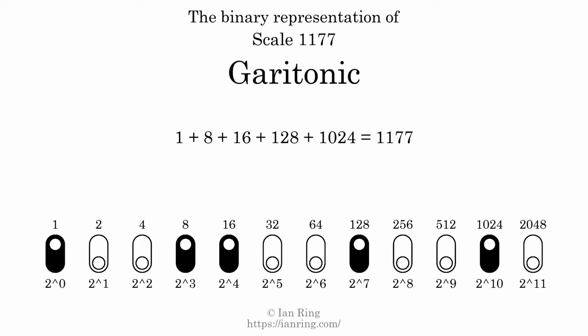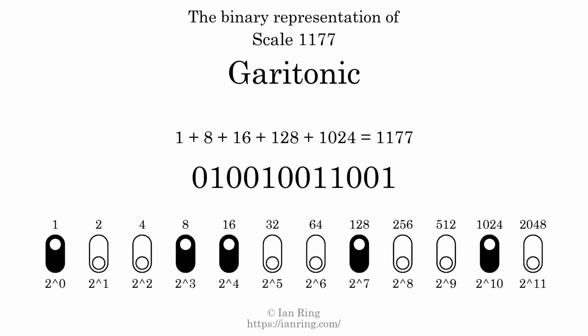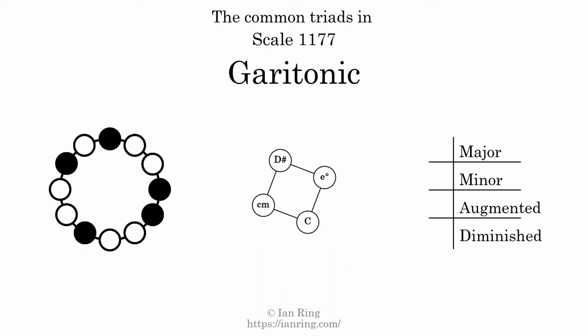That is why the scale number, in decimal, is 1177. The scale number not only enumerates the scale with a unique index, but it also literally describes the tonal content of the scale. Represented as a binary number in base 2, the scale number is 010010011001.